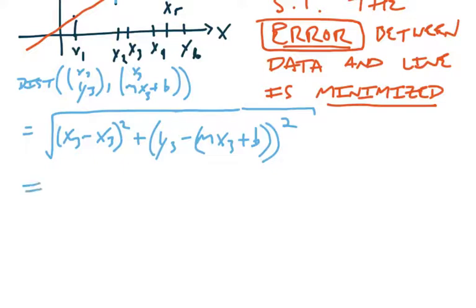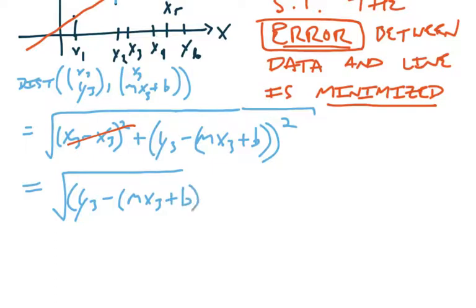All right, and this is nice because, of course, x3 minus x3 is 0. So I've got the square root of y3 minus mx3 plus b, quantity squared under a square root. And remember, we looked at this in class, not, of course, in this exact setup, because this is brand new to us, but we looked at another situation where we ended up with a square root of something squared, if you remember that.